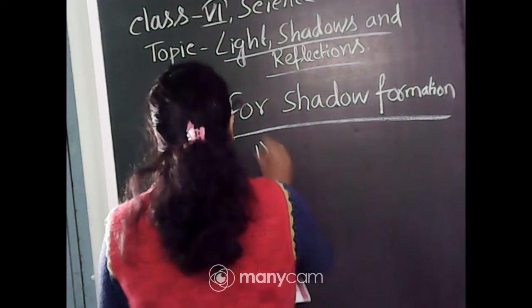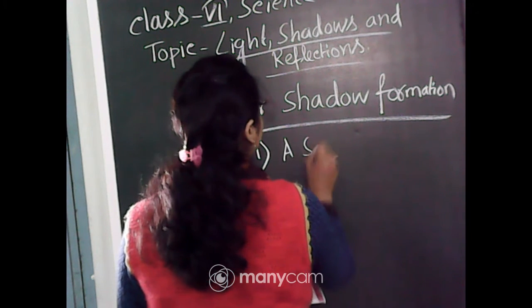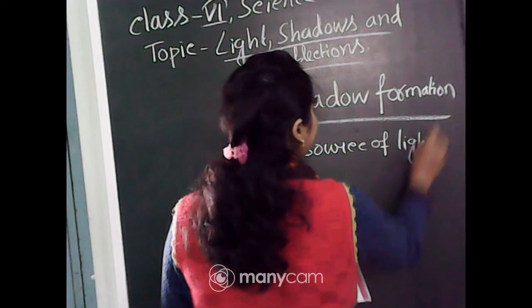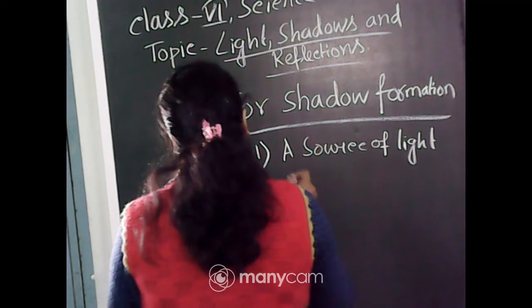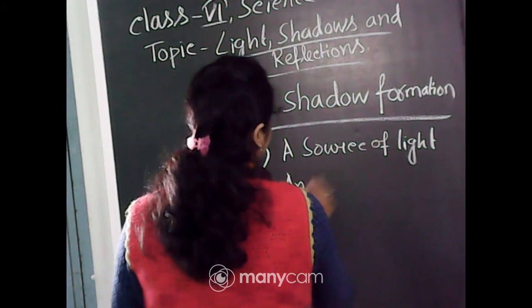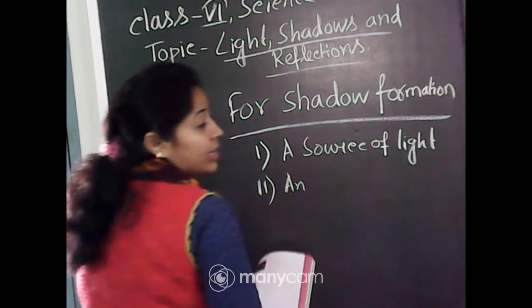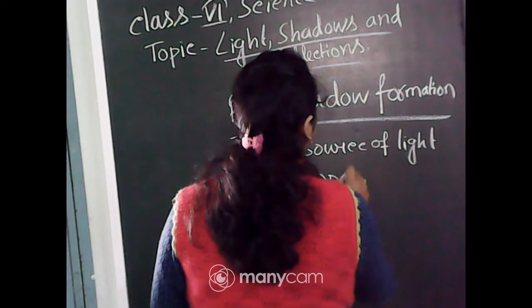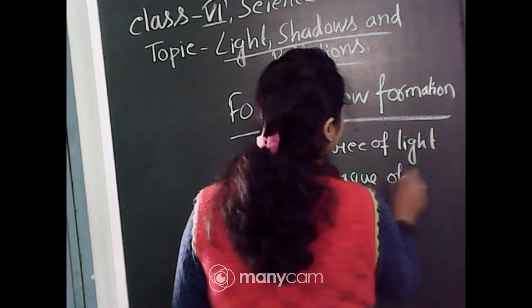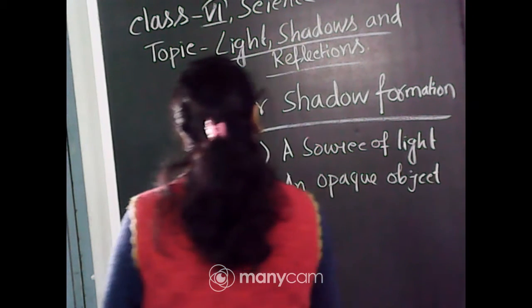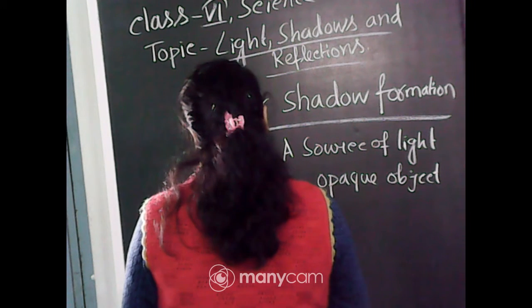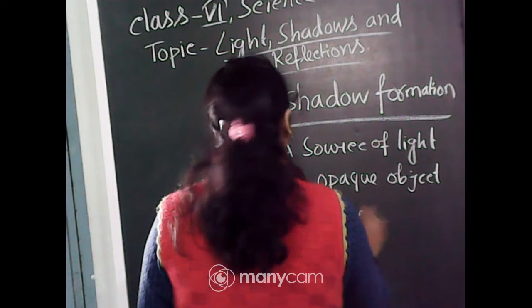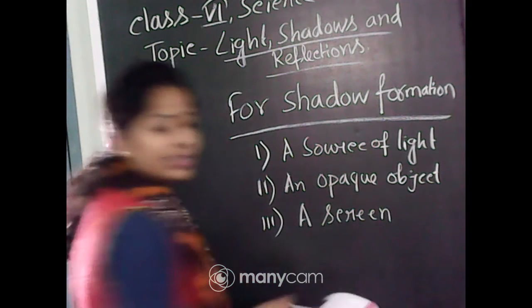First, there is a requirement of a source of light. Then there is another thing, an opaque object, that is very necessary. Without an opaque object, shadow cannot be formed. Next is a screen. Why is a screen necessary? A screen to see the shadow.